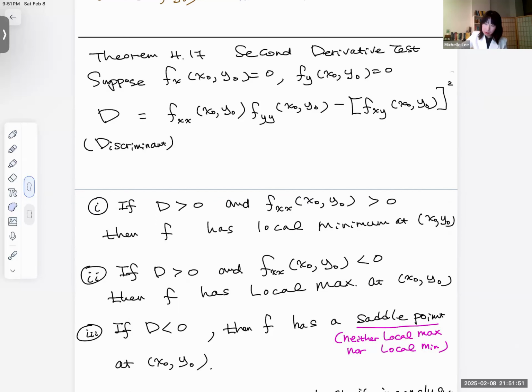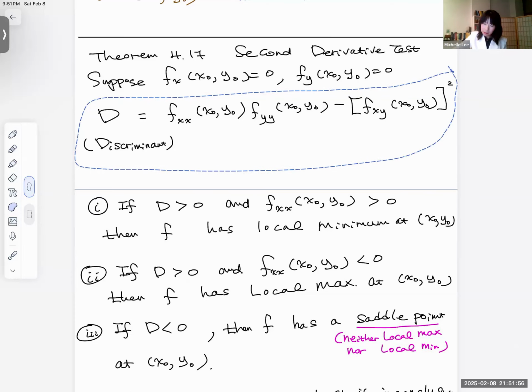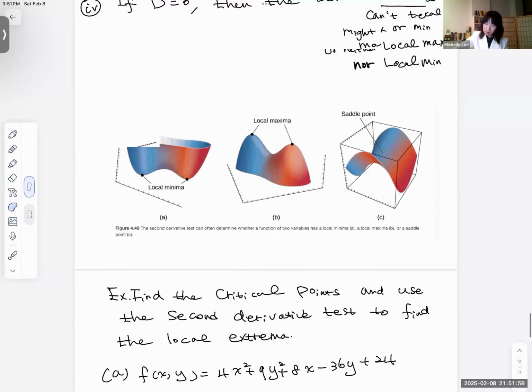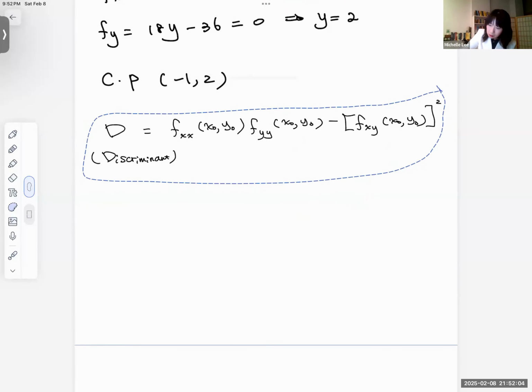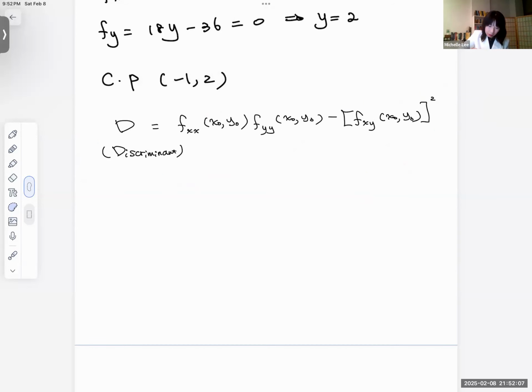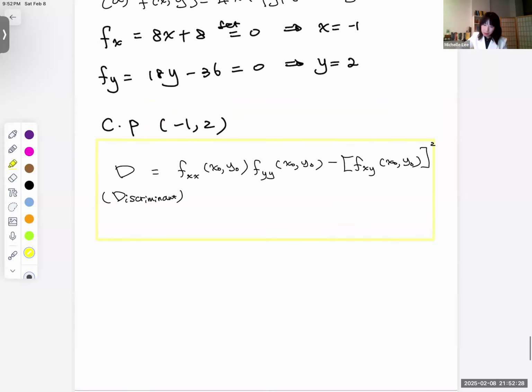So let's copy it and highlight the discriminant. Okay. Let's find the second derivatives first, right?